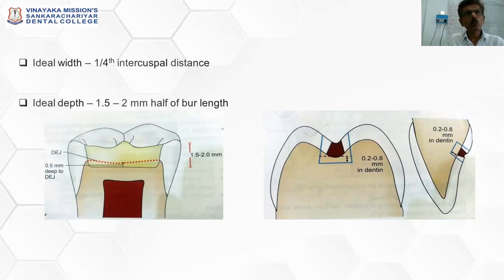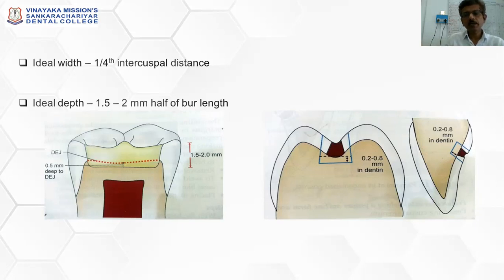Now, the question is why you can't place the cavity above this 0.2 millimeters into the enamel, especially when you're preparing for amalgam restorations. The answer is that enamel is the hardest substance in the human body, and it is non-elastic. With amalgam, you will not get this sort of retention form when you place the material into the enamel.